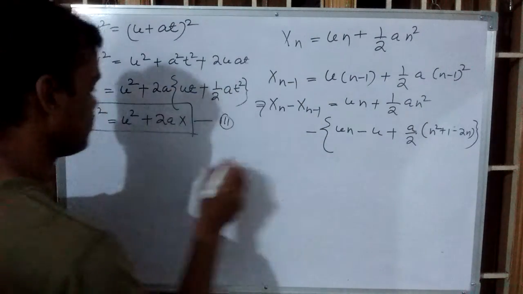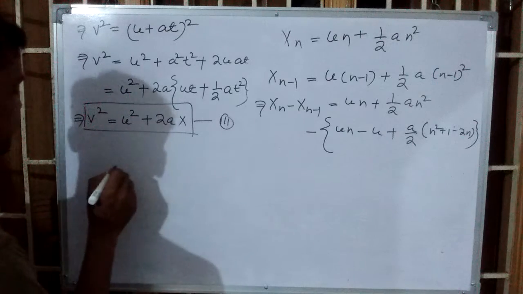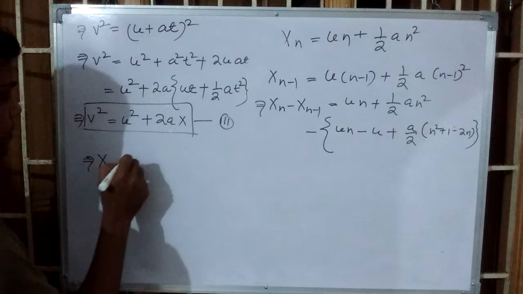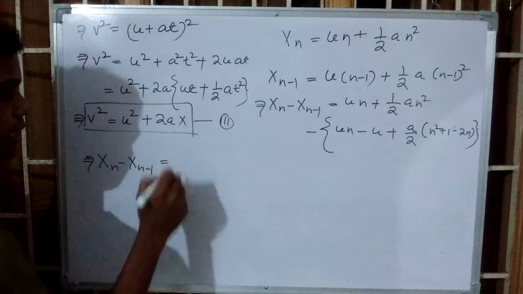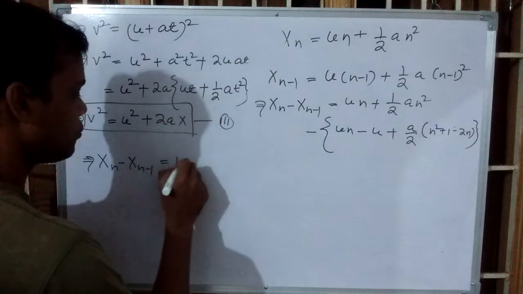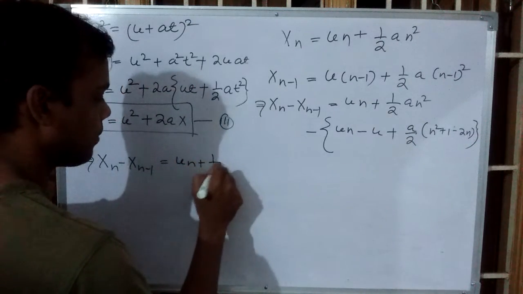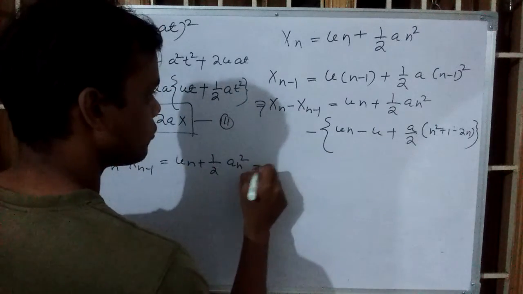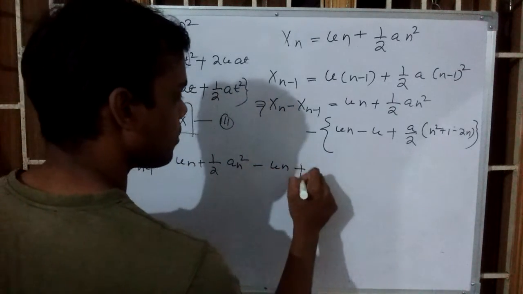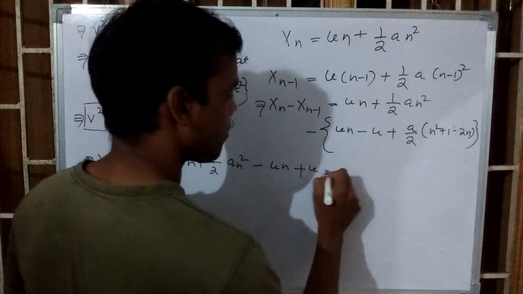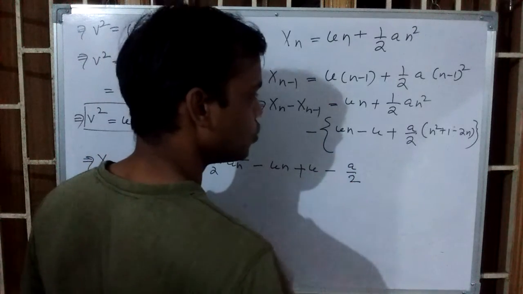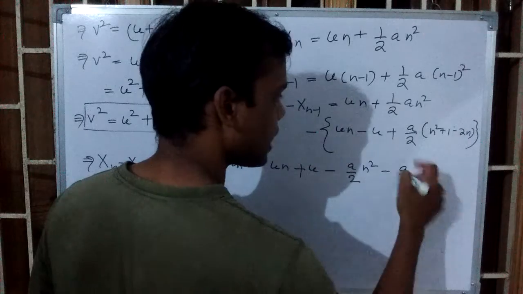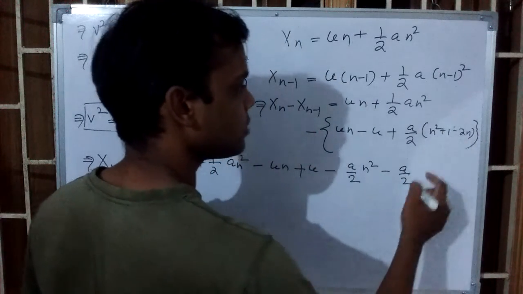Now from this, xn minus xn minus 1 will be un plus half a n square. Now open this bracket: minus un plus u minus a by 2 n square minus a by 2. I am directly opening this bracket.